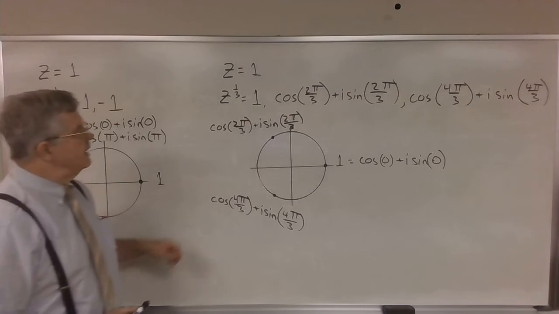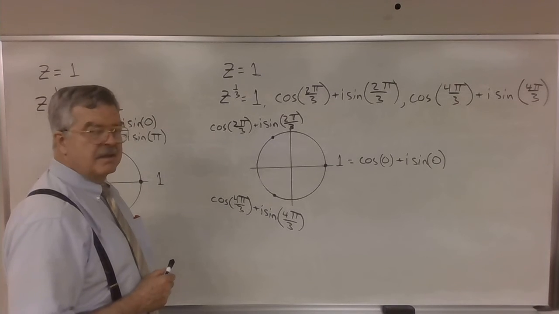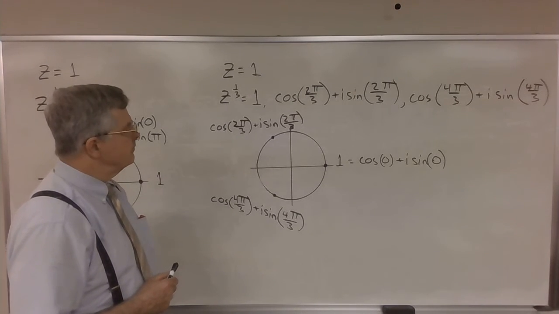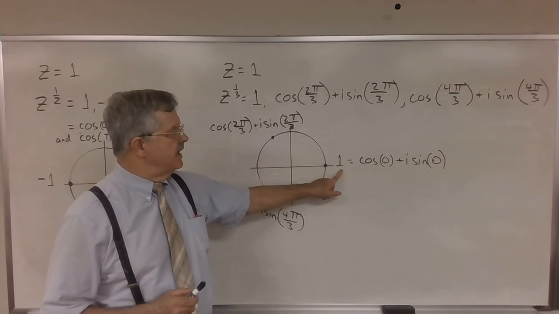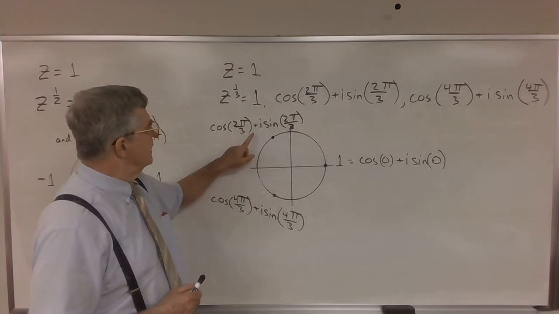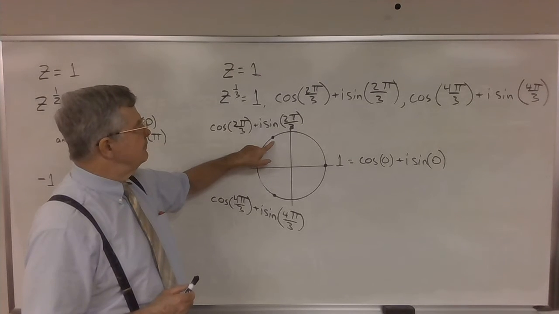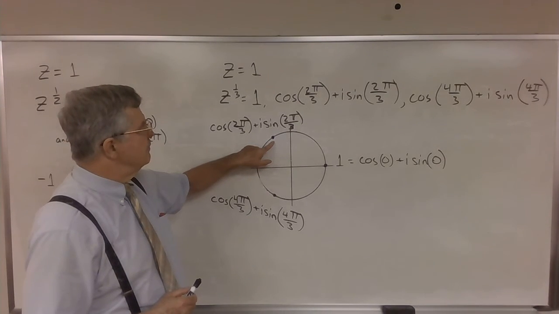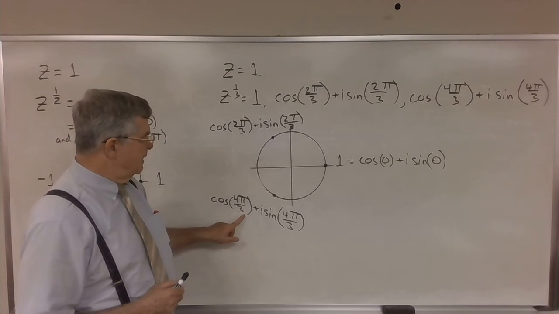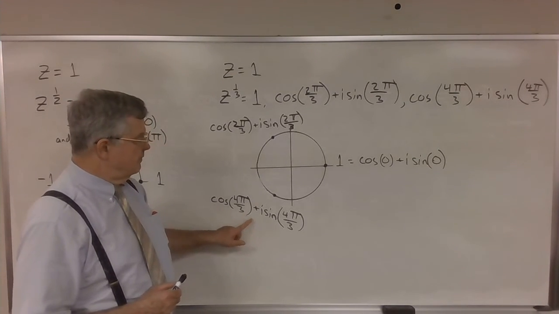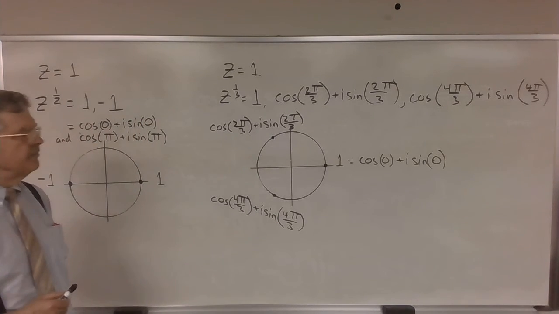Over here we have the cube roots of 1. Cosine of 0 plus I sine of 0. Cosine of 2 pi over 3 plus I sine of 2 pi over 3. Cosine of 4 pi over 3 plus I sine of 4 pi over 3.